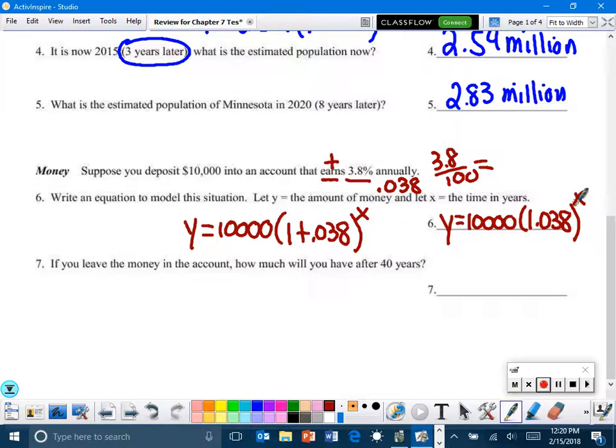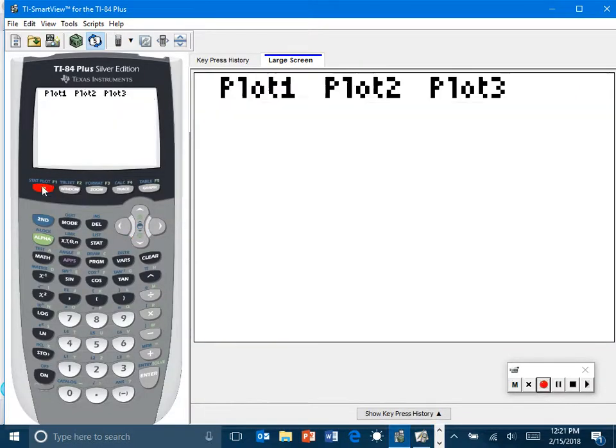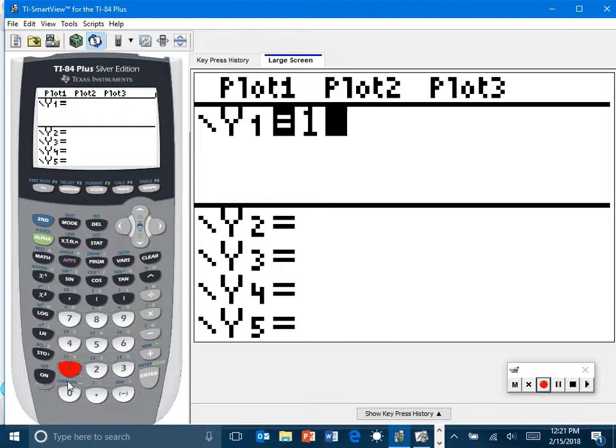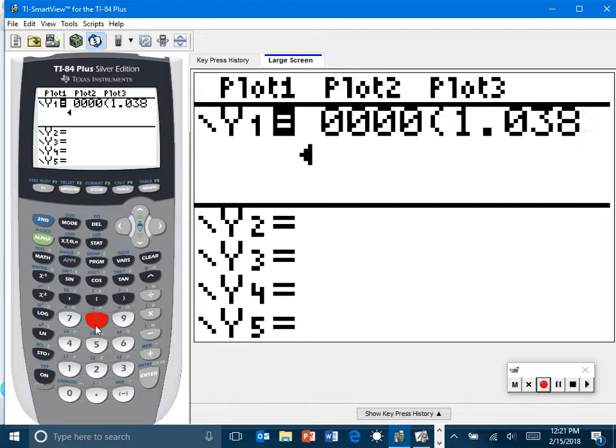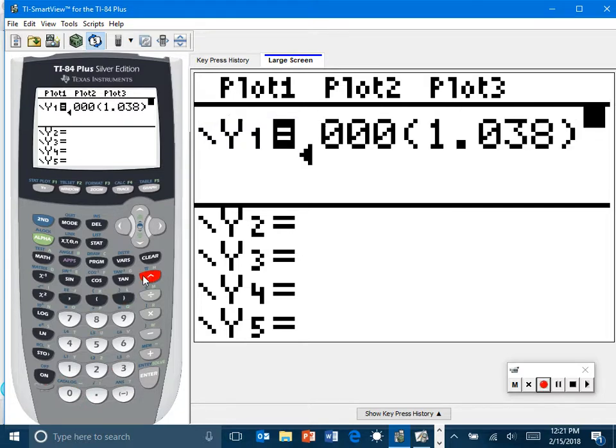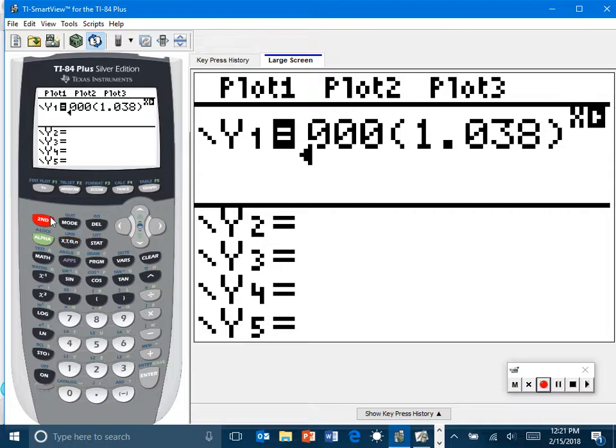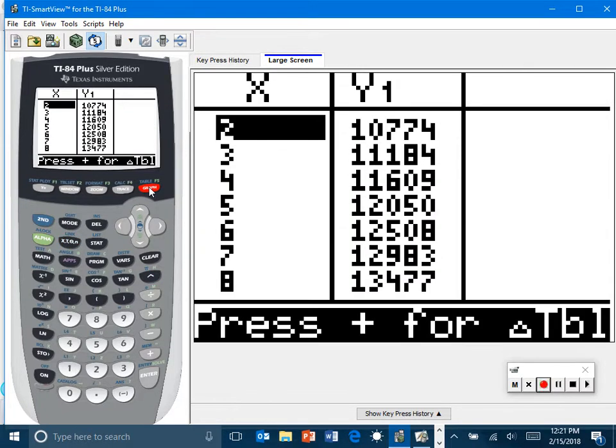All right, number 7. If you leave the money in the account, how much will you have after 40 years? All right, here we go. Let's go to our y equals screen. $10,000 times 1.038 raised to the x power. Go to your table, okay?